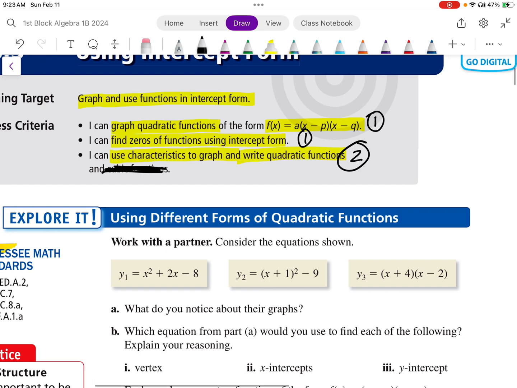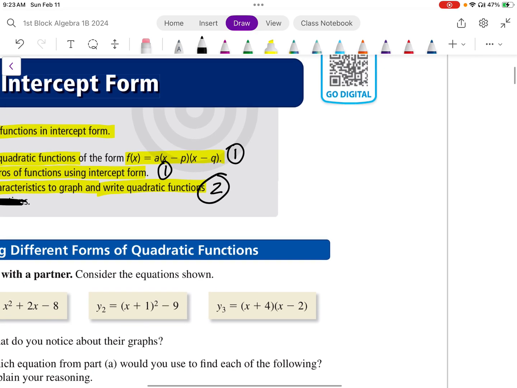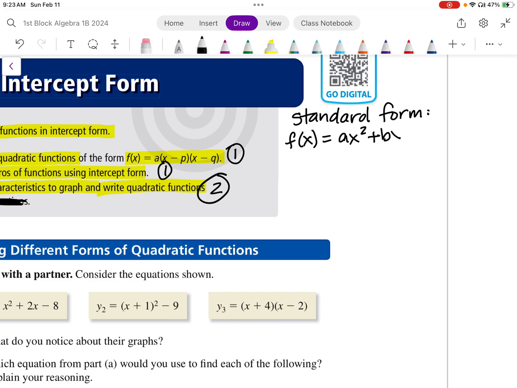All right. So let's just remind ourselves of our 3 forms because they will be very, very important. We have standard form. Think about it. See if you know what it is. F of x or y equals ax squared plus bx plus c.